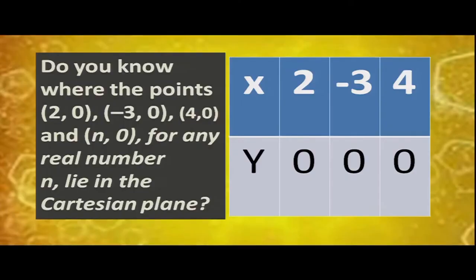Today we will learn about the equation of the x-axis and y-axis. Let's see where the points (2, 0), (-3, 0), (4, 0) and (n, 0) lie for any real number n in the Cartesian plane.